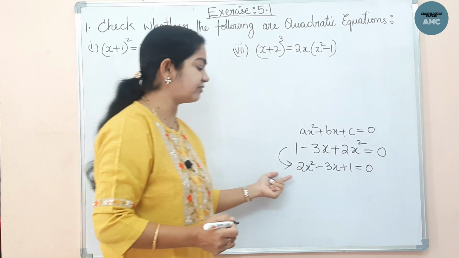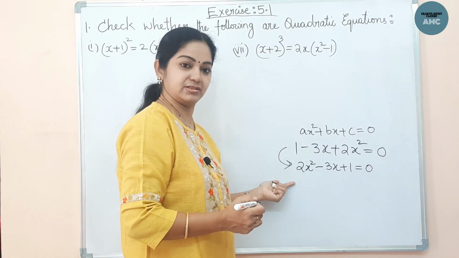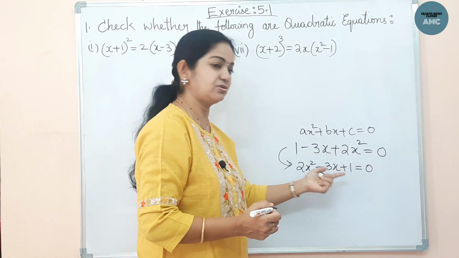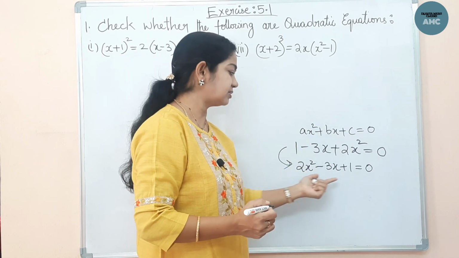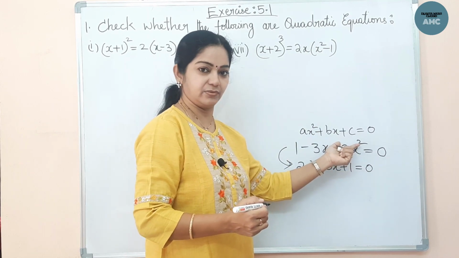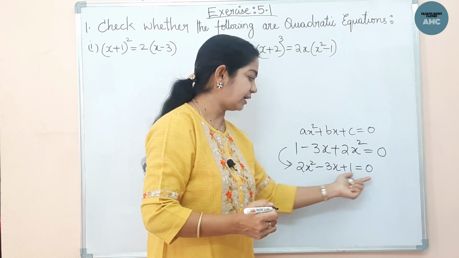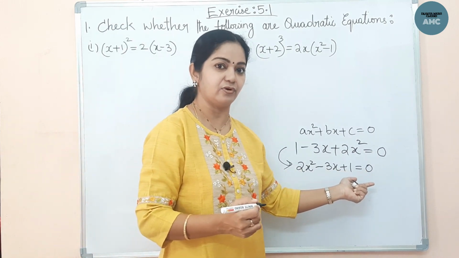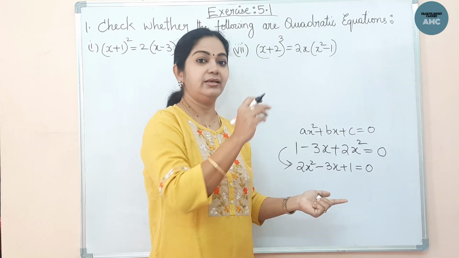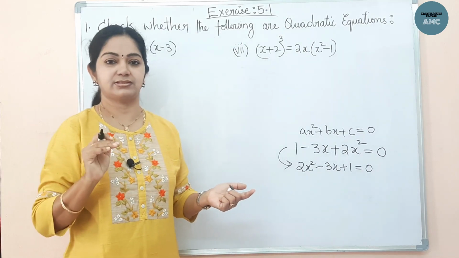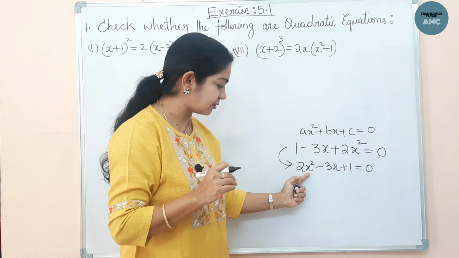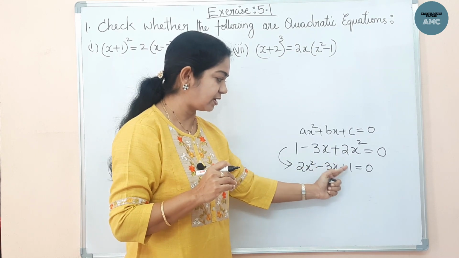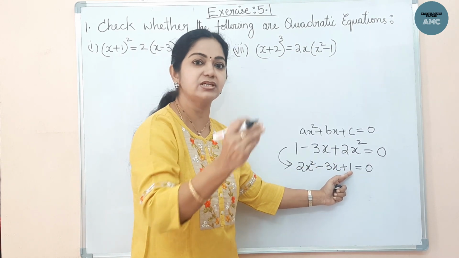So what I did, I have rearranged the same terms into the standard form. Even this is a quadratic equation no matter, but when you are writing it in a standard form, how do you rearrange? In the descending powers of x. Now x square, then x to the power of 1, and here a constant means x to the power of 0.